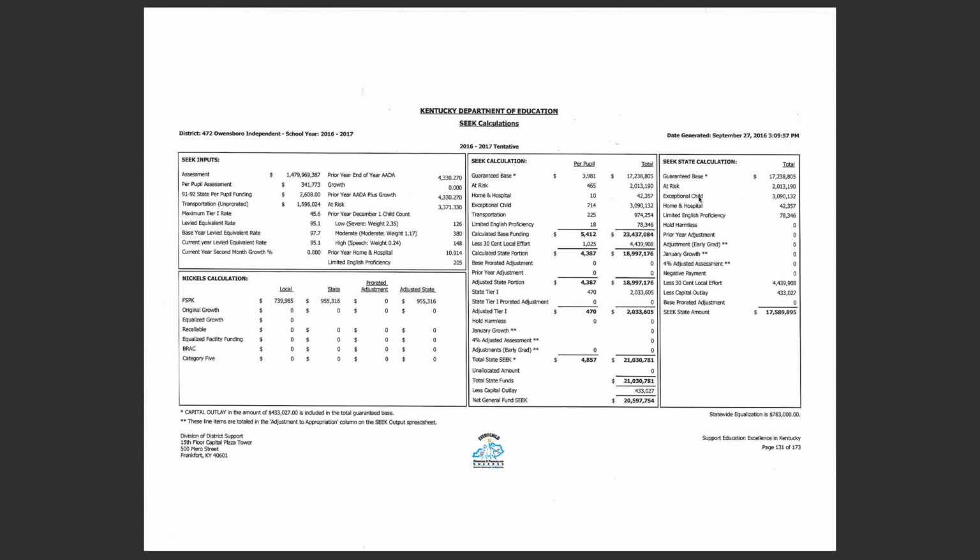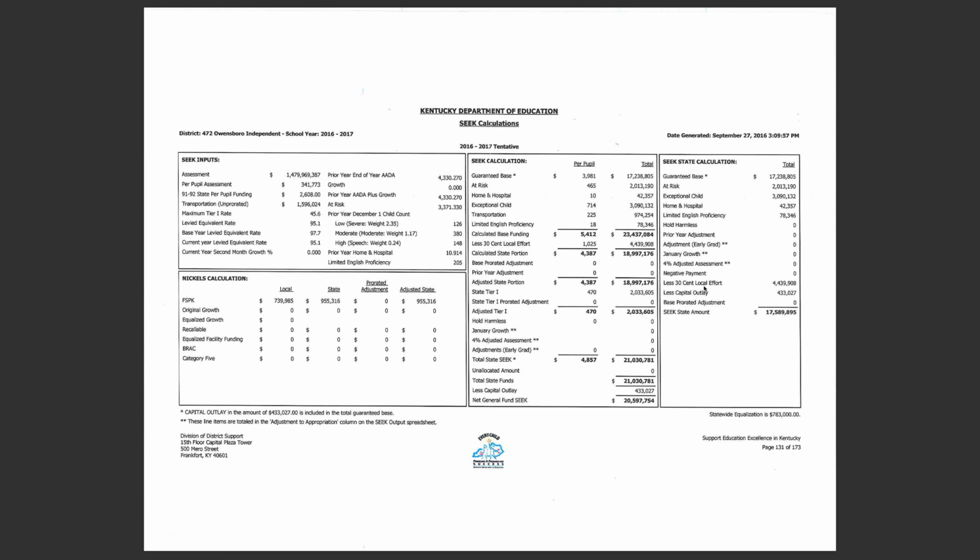adjustments based on at-risk and exceptional child, home hospital, English proficiency, and then any prior year adjustment sometimes takes place if you have adjustments based on early graduation, January growth, or if your enrollment changed significantly from September to what you reported back at the beginning or the end of January the year before.